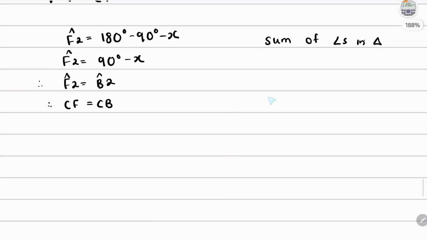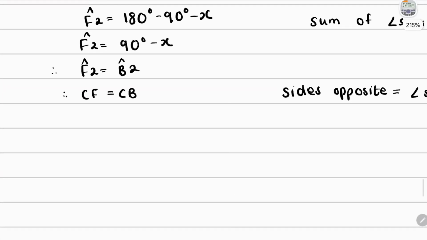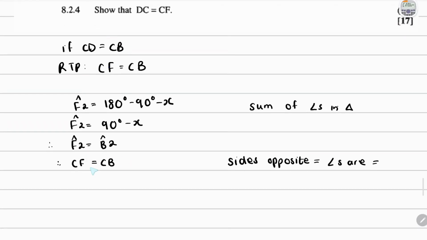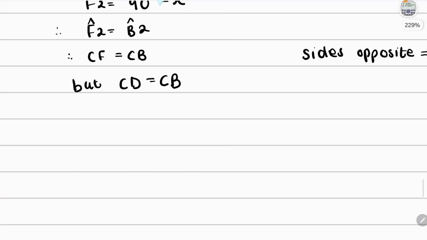You can say converse of angles opposite equal sides are equal, or you could just say sides opposite equal angles are equal. Okay, and now that those two are equal, here's the whole point. We already knew initially that CD was equal to CB. This is what was already there, and this is what we were required to prove. They're both equal to CB.